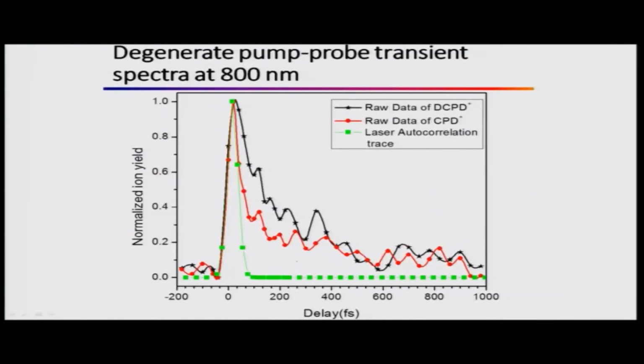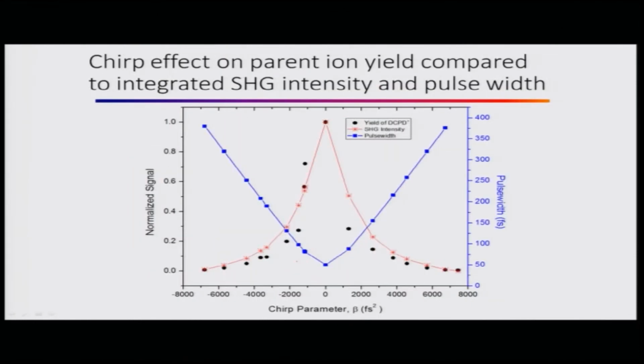And what we found was that the effect of the chirp on the parent ion yield was very symmetric, as expected with respect to the second harmonic generation of the system, essentially showing that the process was only intensity dependent.